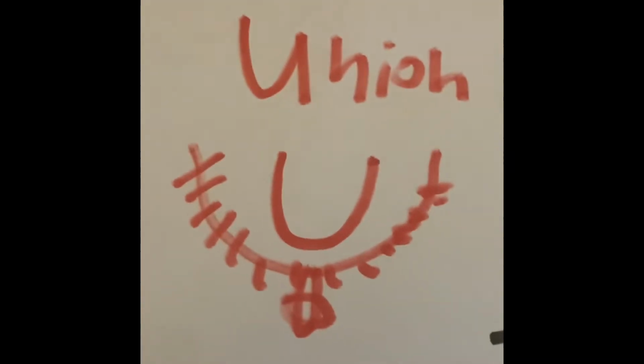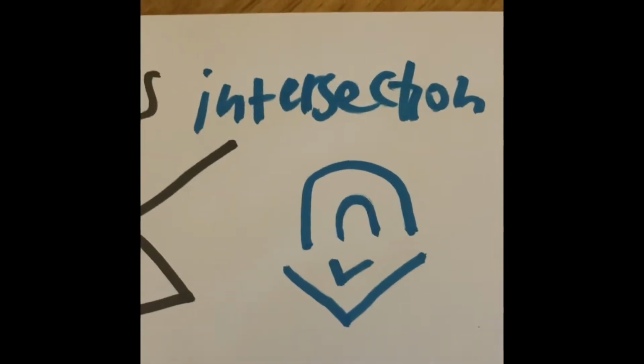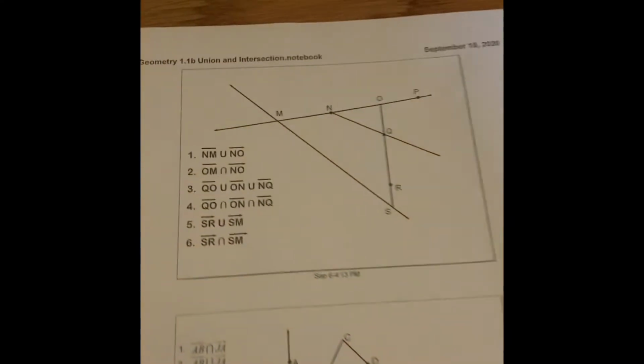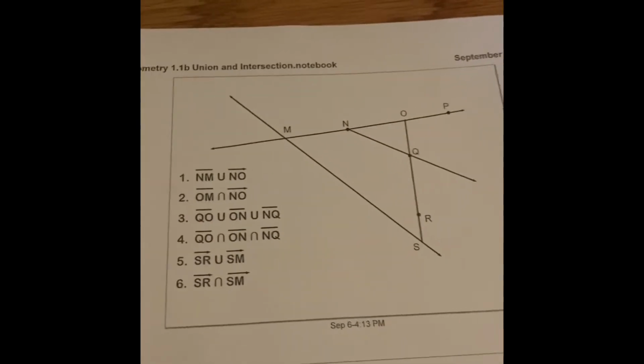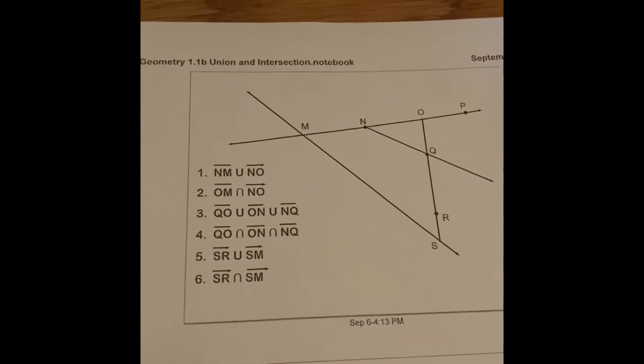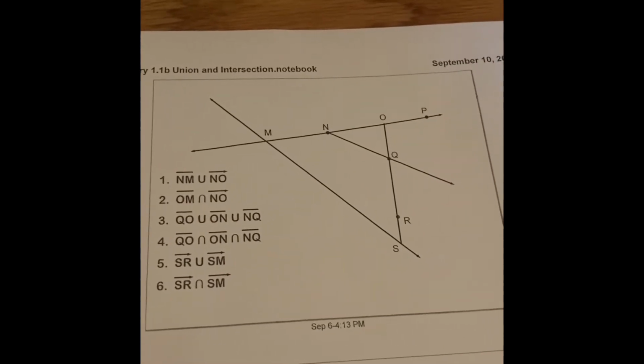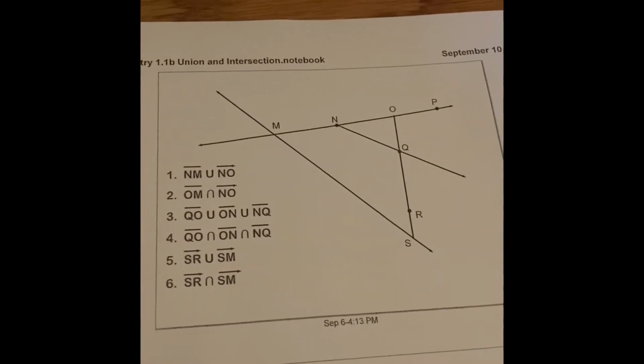So, we learned in the last video that union is a combination, while intersection is basically where the two meet. Not only that, we're going to see a lot of clutter and a lot of lines on here. But to make this understandable, there are two rules.